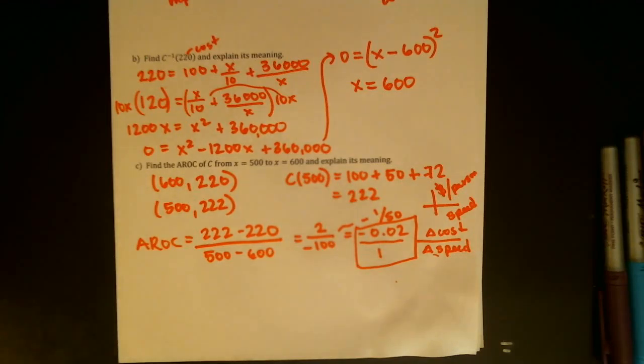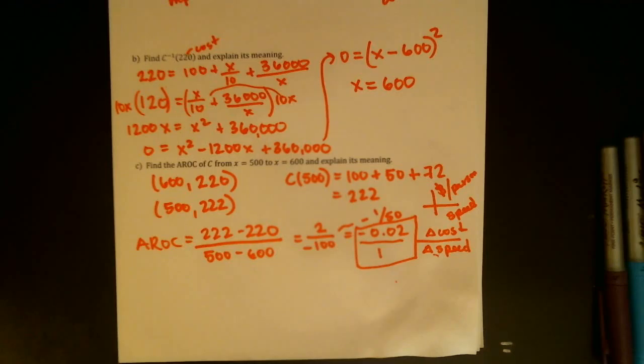Just make sure that I can tell that you know that's not perfect. And it's also really good to specify what interval you calculated this on. So we were looking at ground speeds between 500 and 600. We would not necessarily, in fact, likely would not get the same average rate of change if we pick different speeds.